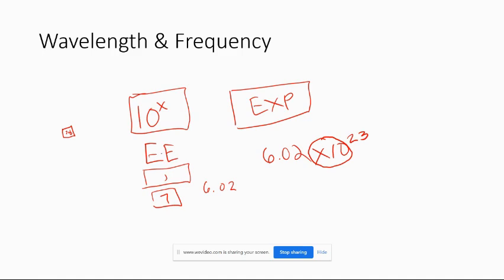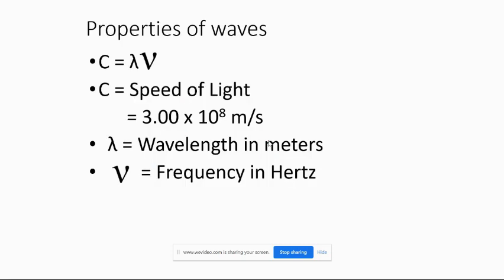When you activate that, it'll read on your screen E, and then you're going to type in 23. This EE takes the place of this. Do not press the times key in this string. If you do, you will get the wrong answer, usually by a factor of 10. Okay, just kind of a review on that.